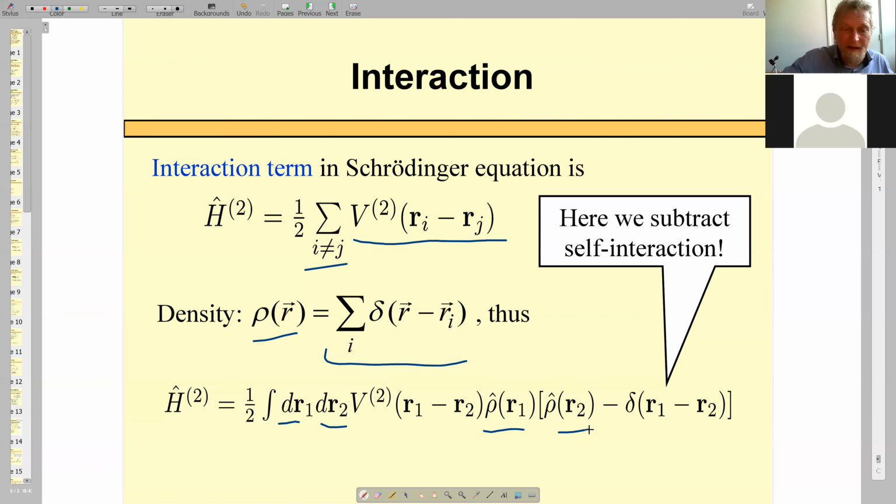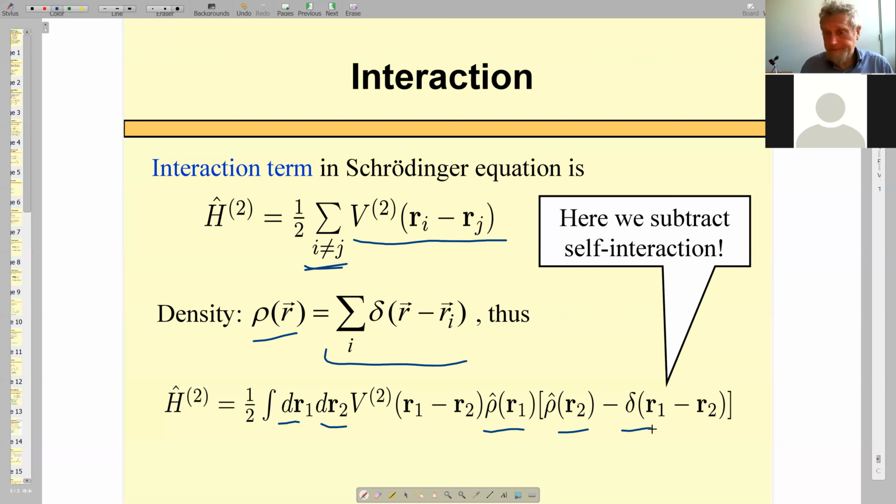All right, look, in this term I eventually throw away the terms where i equals j. A particle doesn't interact with itself, so I have to do it here. Good. We have it now in terms of densities.